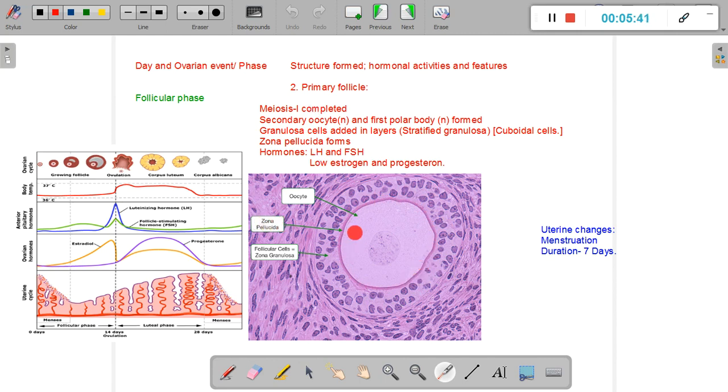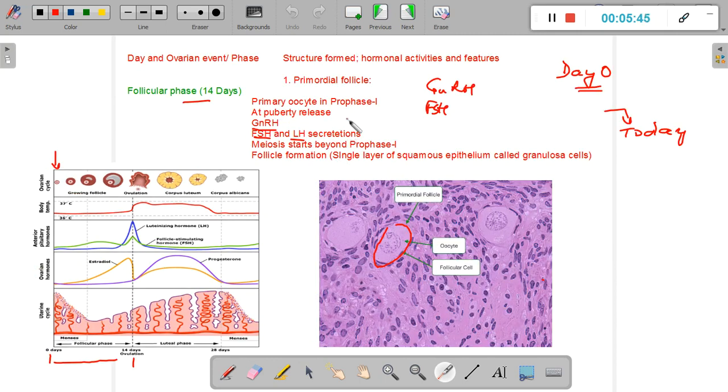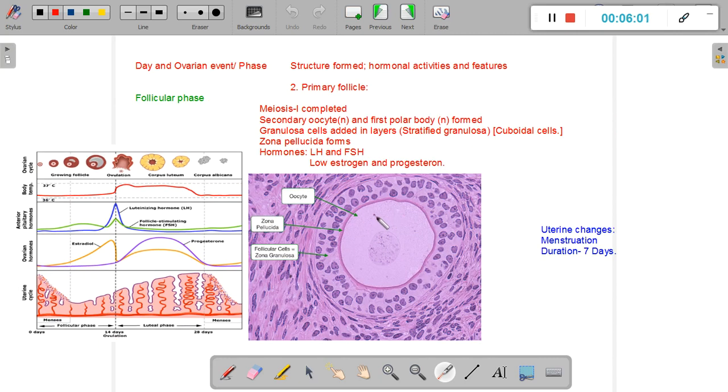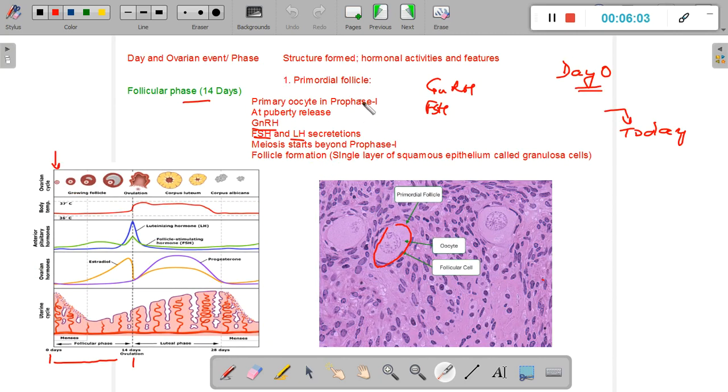Now at this stage, initially there were primordial follicles. Even just before puberty was achieved, there still were primary oocytes frozen in prophase 1. But FSH makes more follicular cells. It adds something called the zona pellucida, and one very interesting thing happens.